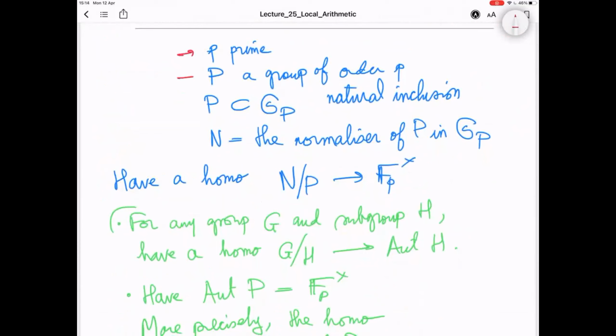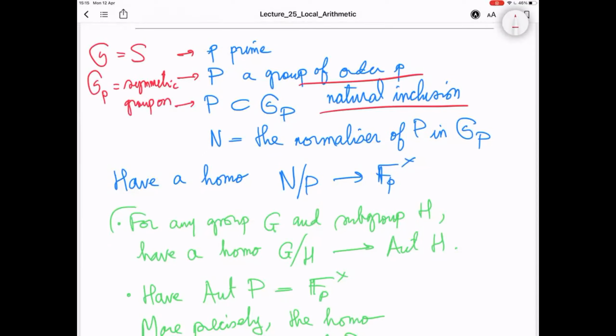Suppose you have a prime number P and a group capital P of order P. Then you can put this capital P inside S_P, the symmetric group on the set P. Normally you take the symmetric group on the set 1, 2, up to some n, and you call it S_n.